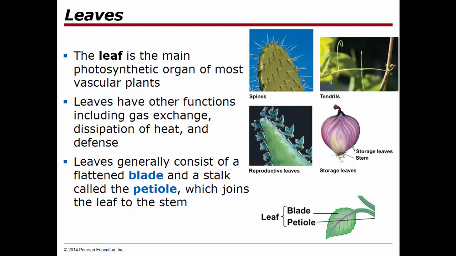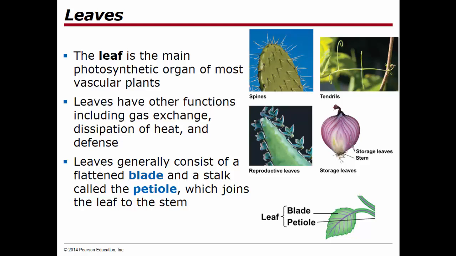Just like we have tubers, which are underground stems that are involved in storing food and materials for later, we can also have modified leaves for the same function. The onion is an example of this. The layers of the onions are leaves involved in storing sugars and other materials for later use. We also have special leaves that are involved in reproduction.